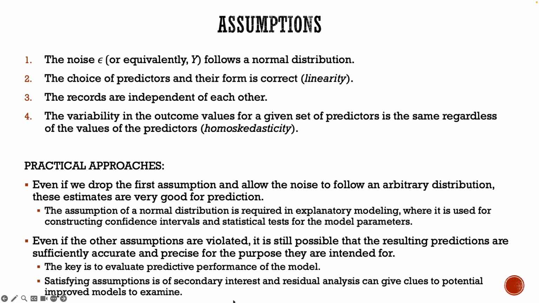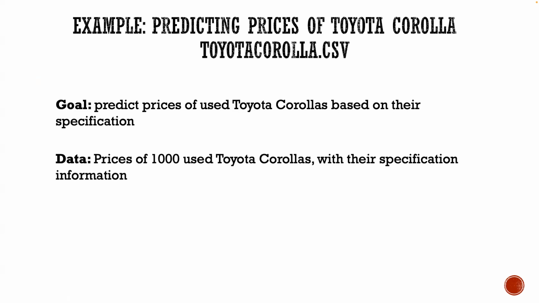We are a little less rigid in terms of the requirements of meeting all these assumptions. The key in predictive modeling is to evaluate the performance, like we talked about in the previous discussion on evaluation of predictive performance, whether that performance is good enough. Satisfying these assumptions is always of secondary interest. We can always look at residual analysis to understand potentially improved models. So that's an important part to capture.